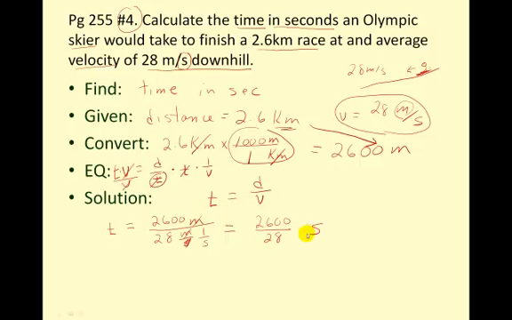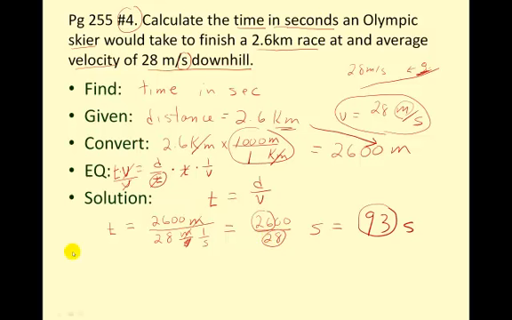Since you're dividing by 1 over s, that's just s. Now we can pull out our calculators, and this should be a little bit less than 100. 93 seconds. We start with 2 digits in both numbers, so we only end up with 2 digits in our answer. So it's 93 seconds. Not 92.5, not 95.6, not 93.257631, whatever it is on your calculator, just 2 digits, 93.